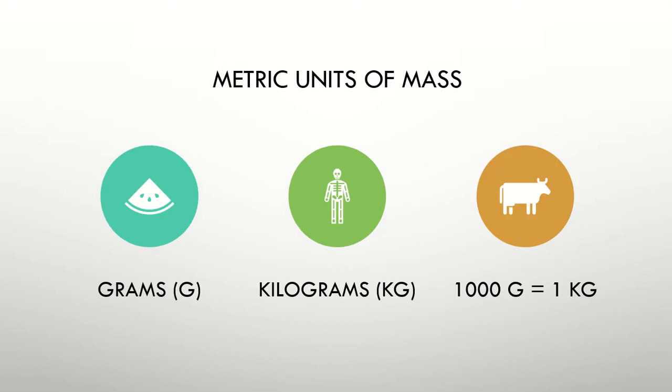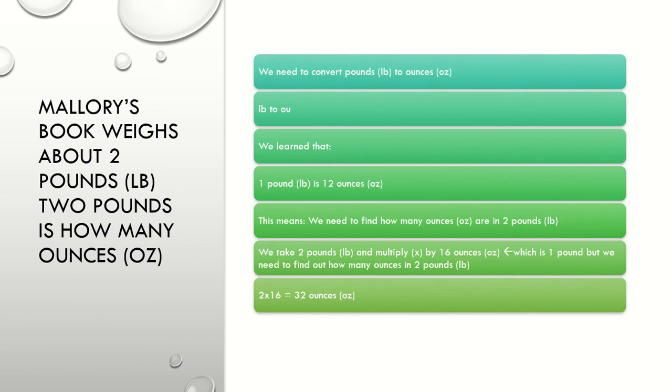Okay, so let's look at this sample question. Mallory's book weighs about 2 pounds. 2 pounds is how many ounces? So we need to know that we're going to change one unit to a different unit. It's still going to be the same weight, the same mass, but the numbers are going to change.